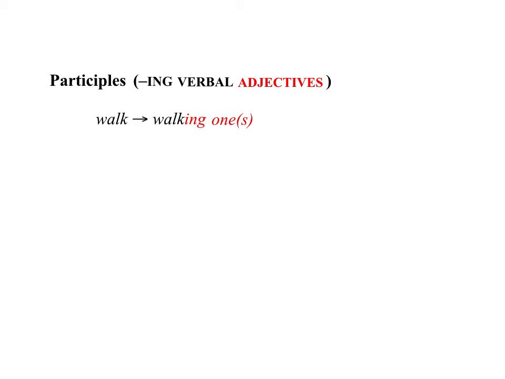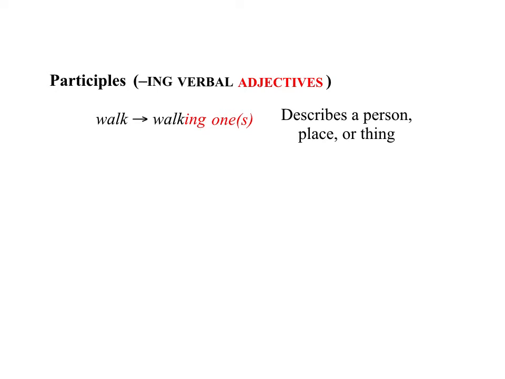And as a result, when we convert into a participle, we're not only adding the -ing, but we're identifying the fact that this describes a person, place, or thing. So the verb walk becomes a participle to indicate walking ones or a walking one. And it is used as an adjective then to describe some individual or some object.